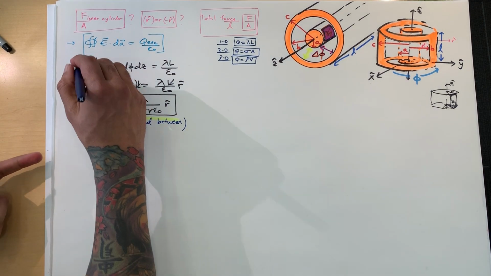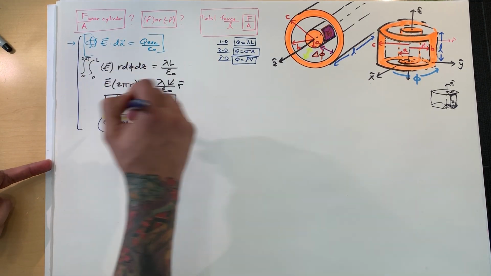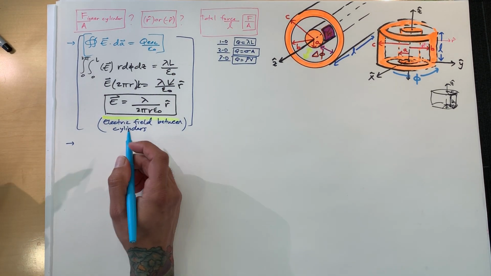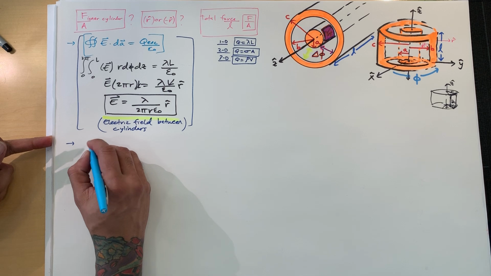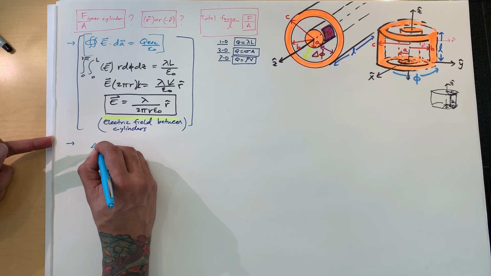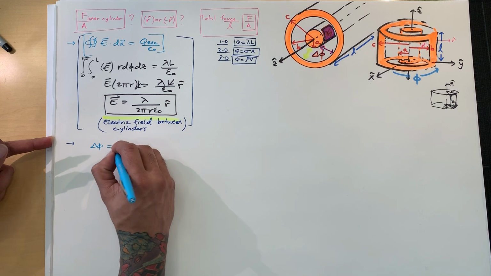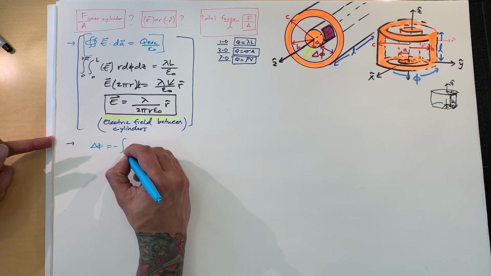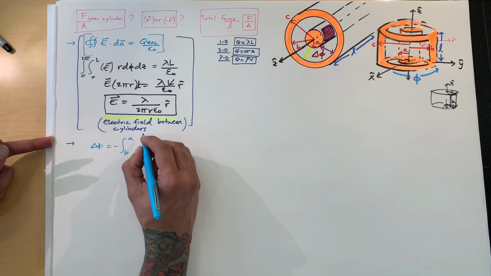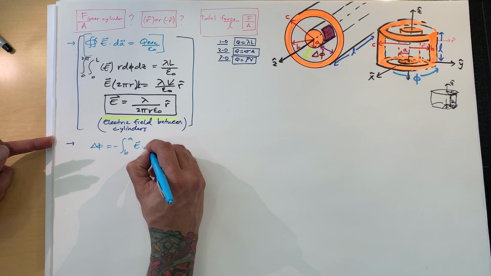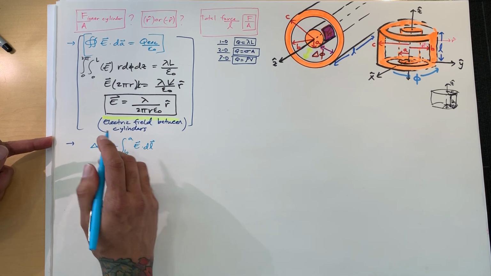Now let's find the potential. Using phi, this is potential, right? It is equal to the negative integral from B to A of the electric field in that region, dotted with the differential length vector.